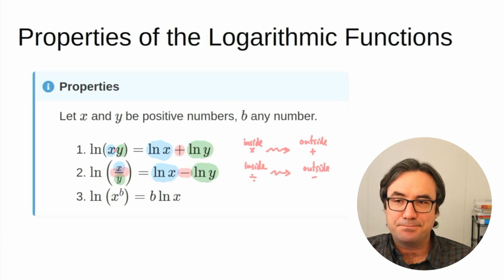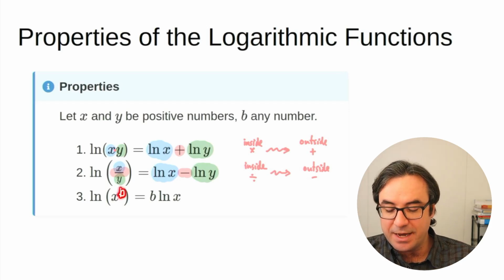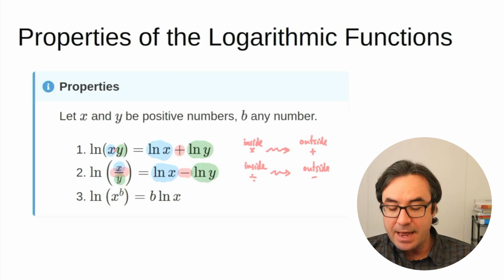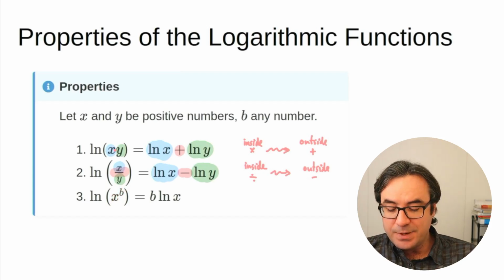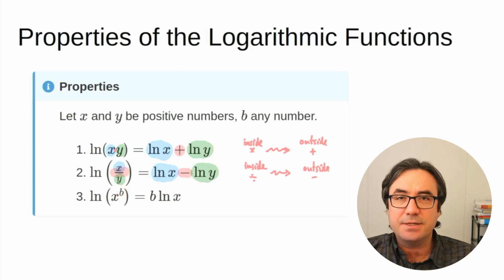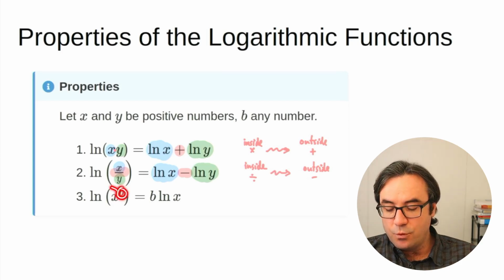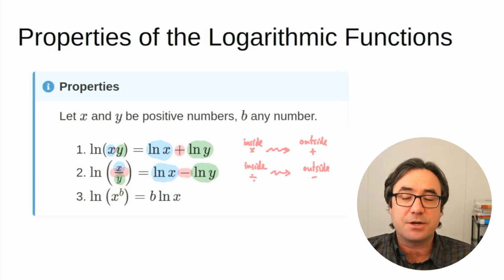So kind of nice. And then we have one more property here that tells us what we can do with exponents. So if we have an exponent inside of a natural log function like this, so we have natural log of x raised to the power b, well, what we can do is take that exponent and move it out and put it in front of the natural log. Now, this isn't a derivative or anything.